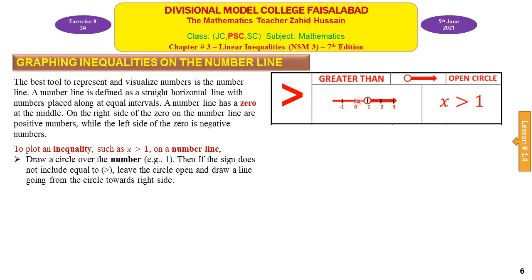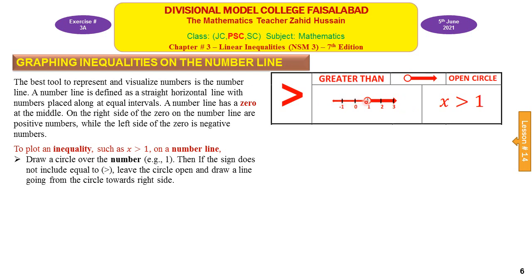So you will draw this number line and label it: 0, positive numbers on the right side, negative numbers on the left hand side, and we will draw a circle at the number 1. We have drawn a circle and left it open, an unshaded circle, and we have bolded the number line towards the right.